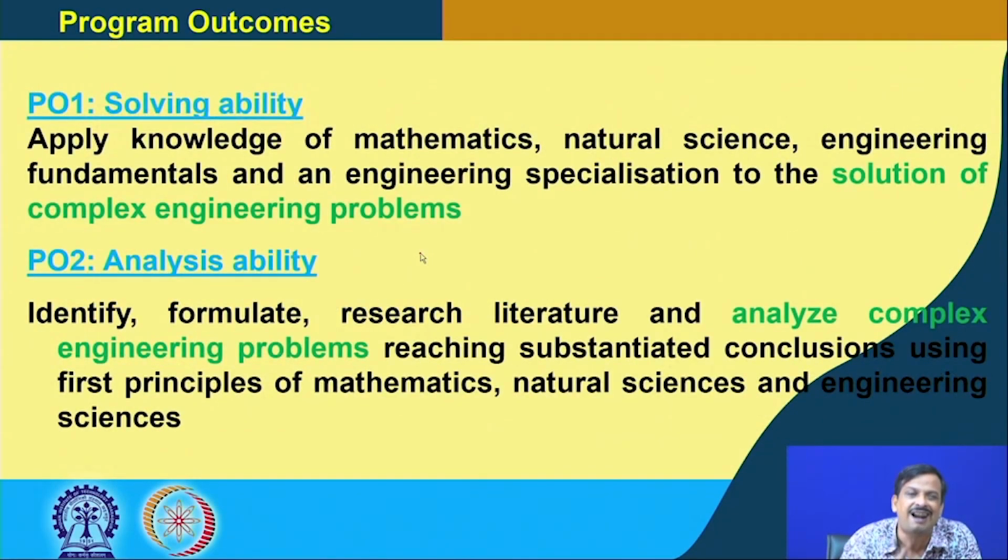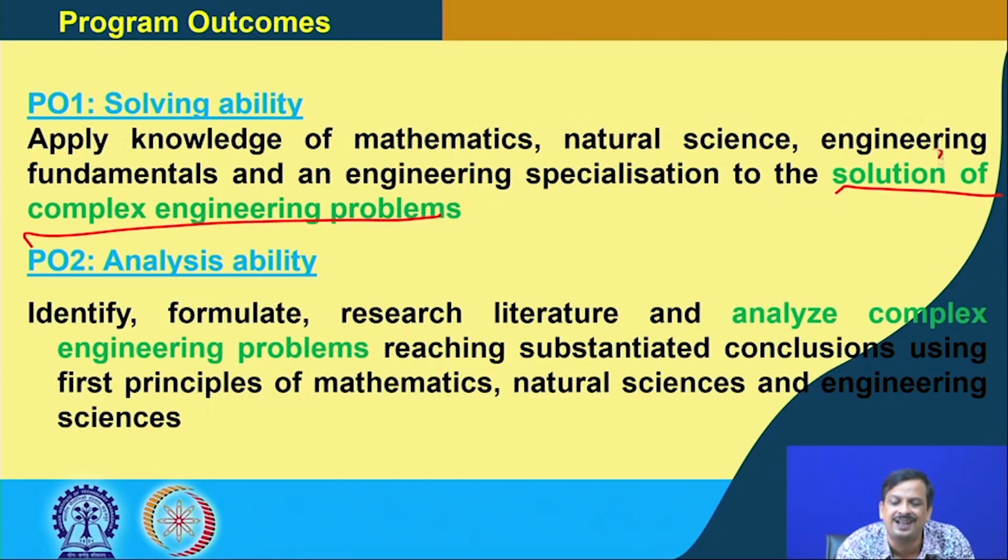The first PO says: apply knowledge of mathematics, natural sciences, engineering fundamentals and engineering specialization to the solution of complex engineering problems. So, the ability is solution, not knowledge of mathematics.